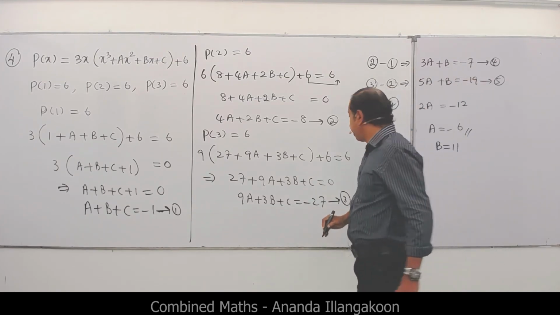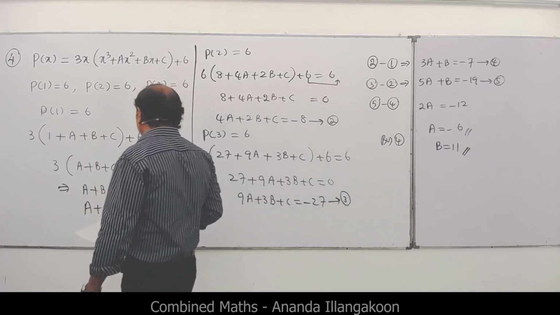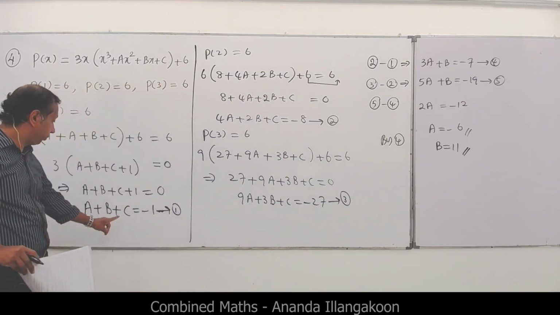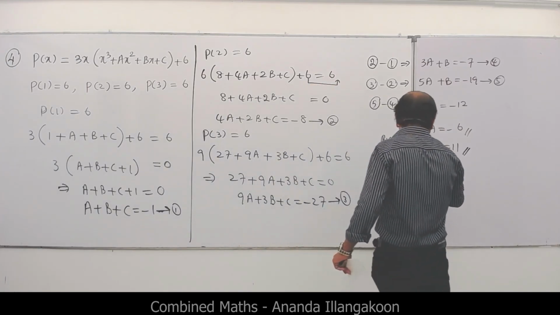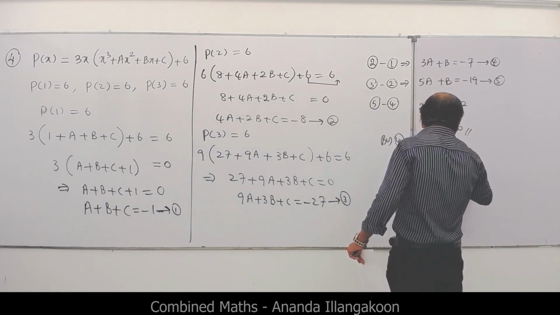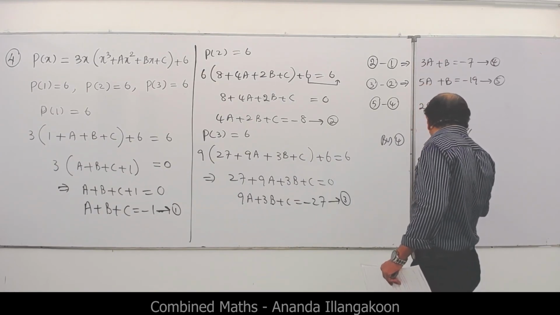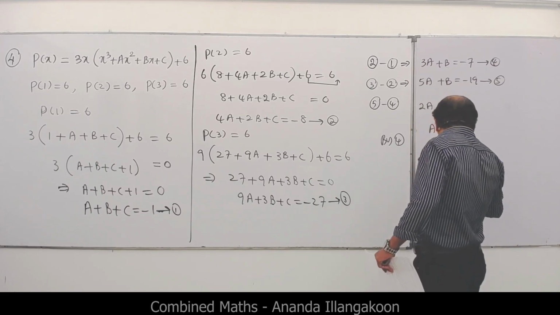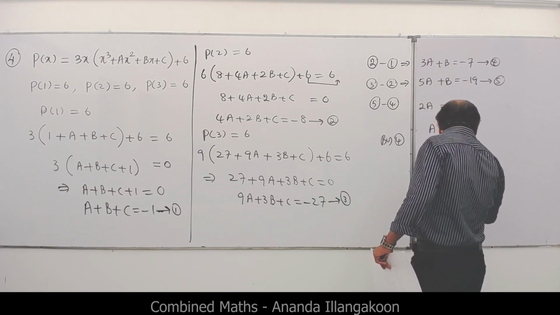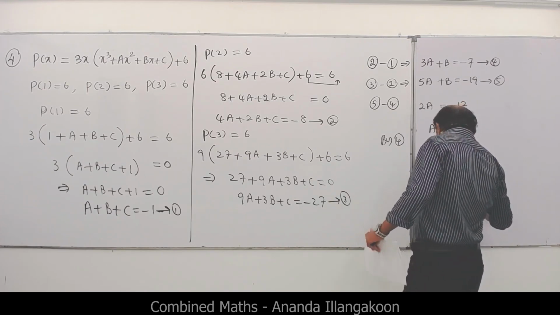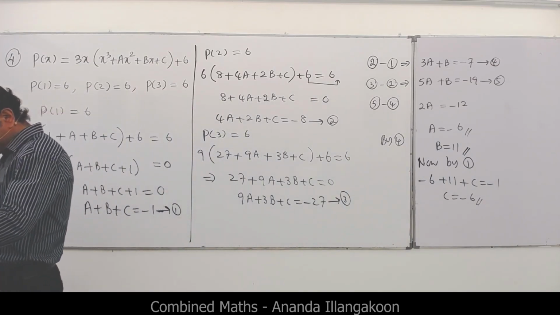Both A and B we now have. Now to find C, we can substitute in number 1. A is minus 6, B is 11. C is equal to minus 1 minus 11 plus 6. Minus 11 plus 6 is minus 5, so C is minus 6. We found A, B and C.